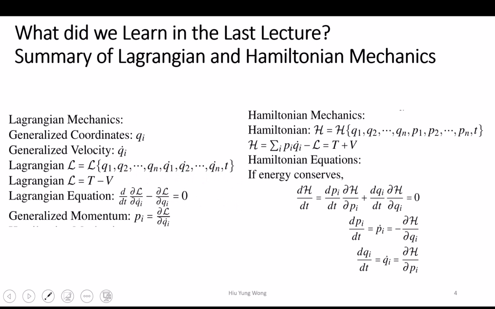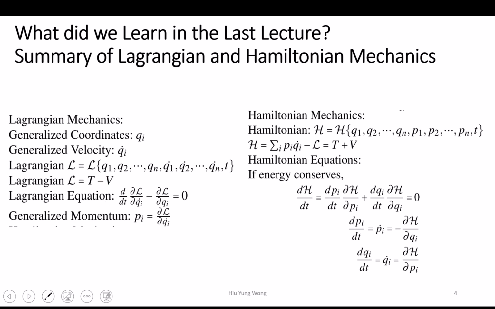Once I have this Lagrangian, I can use it to predict how my system will evolve. Q1, Q2 are the coordinates, maybe for particle 1, particle 2, or if this is a vector, it can be the x component, y component, but anyway, all of them, right? The Lagrangian, basically, you can say it is the kinetic energy minus the potential energy.